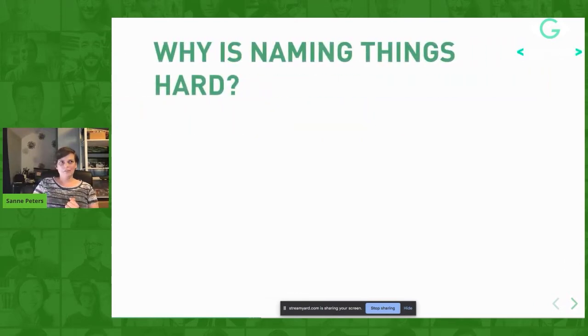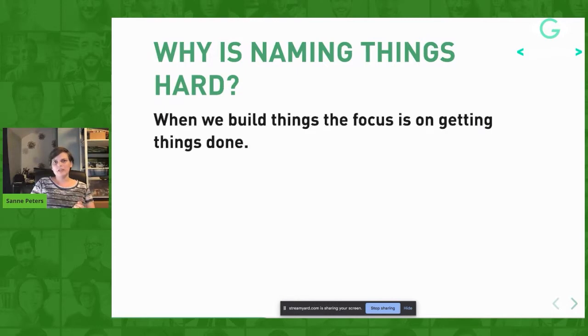I think this is one of the main things that is present in everyone's head: why is naming things so hard? Because we do get that it's hard, but not really why. It's kind of my opinion, but it has been proven over the years, that it is mostly about this. When we build things, the focus is really on getting things done.